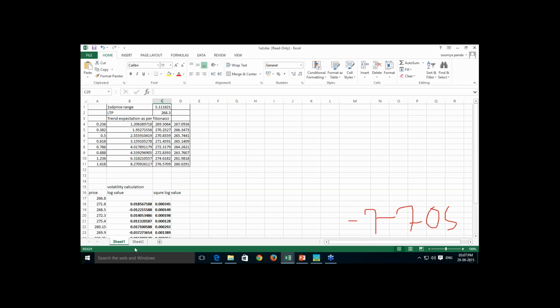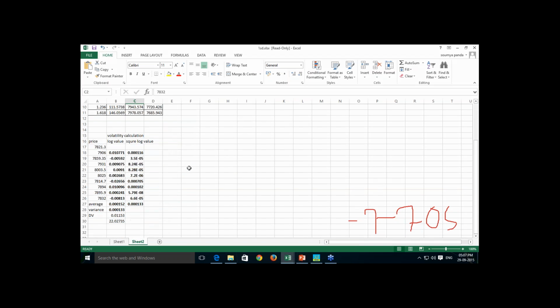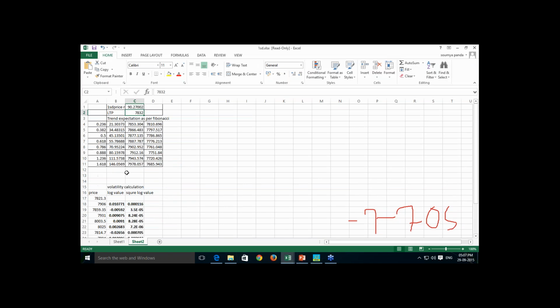Using this same one standard deviation formula on intraday, today Nifty opened at the 7720 level as per the NSE data, and this is our calculation for intraday. I have taken the historic volatility, not the real-time volatility.